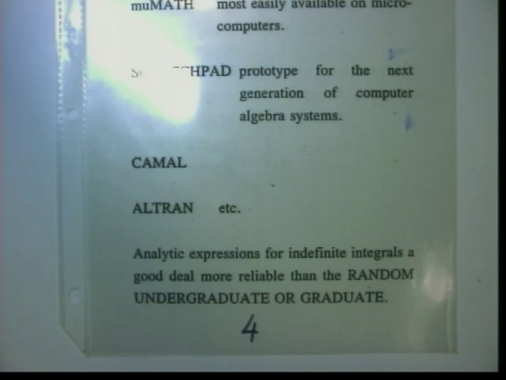It naturally cannot do a better job than the best graduate or undergraduate student, because very often the computer says, I can't. It returns the request back as it is. Whereas a clever student can do some very beautiful substitution and reduce the integral, for example, to something else that is known before. But it is better than a random undergraduate or graduate student.